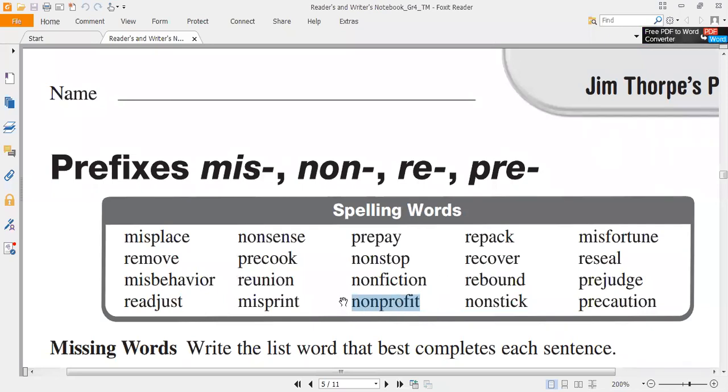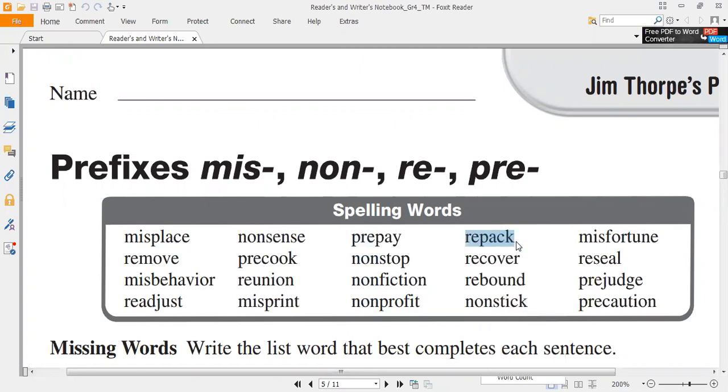And this was the last one. So let's revise again the third column together. We've got prepay, non-stop, non-fiction, non-profit. The prefixes here are, we've got pre, in the second one none, the third none, the last one none. Good. Let's go to the fourth column.